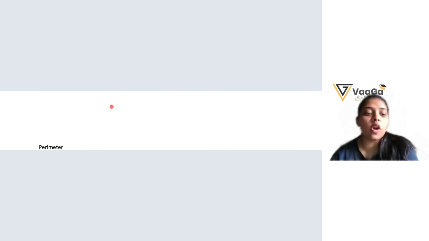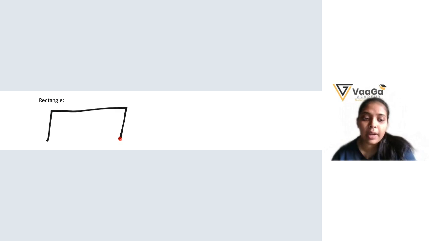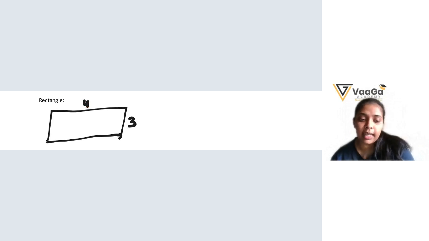Now let's talk about the rectangle. This is how a rectangle looks. If this side is 4, this side is 3. How much will be this side? 4.